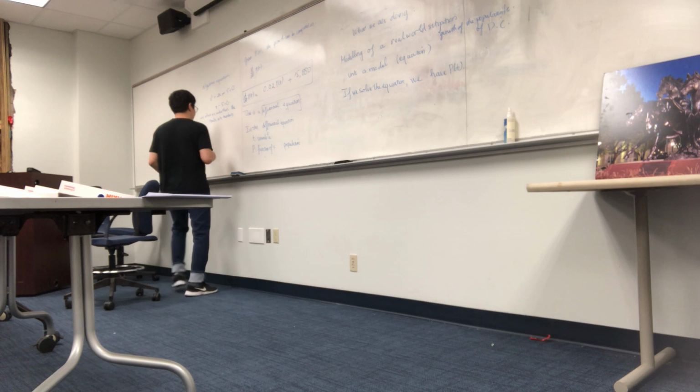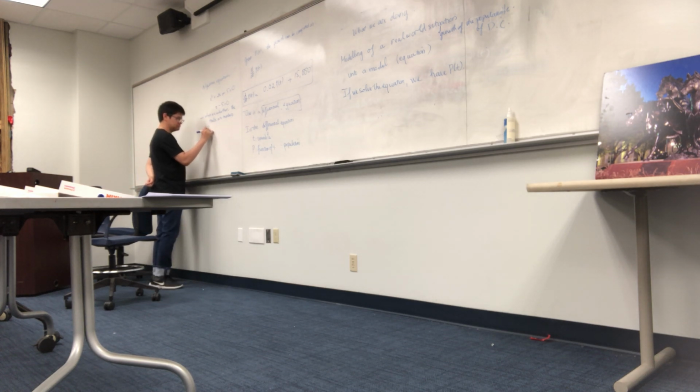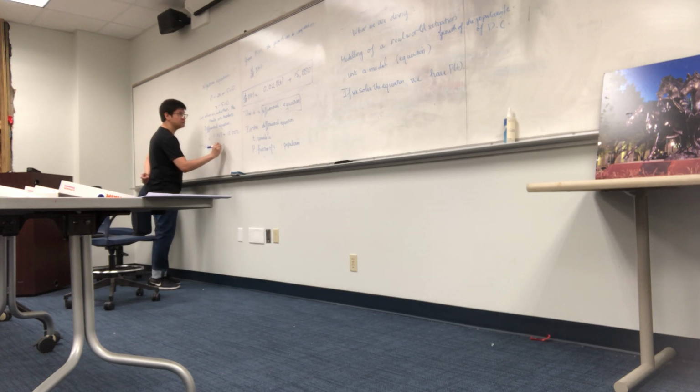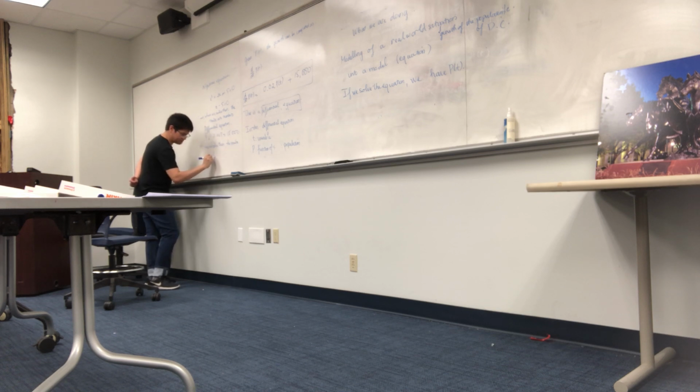But for a differential equation, we have derivatives. For instance, for this one, we have the derivative of p is 0.02 p plus 15,000. When we solve them, the results are functions.